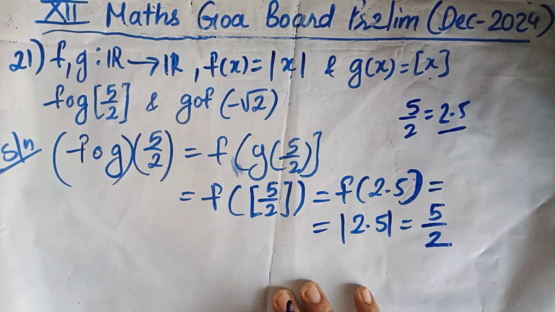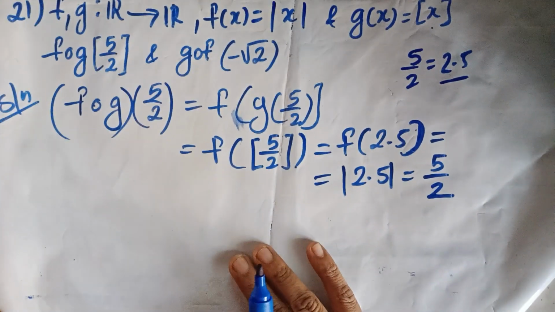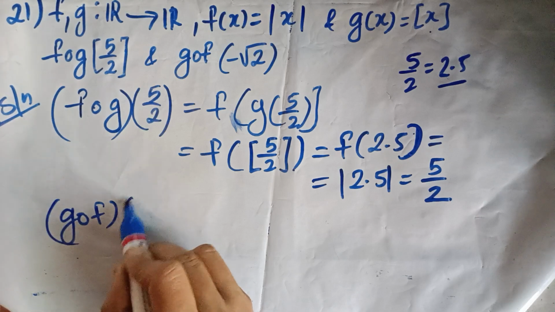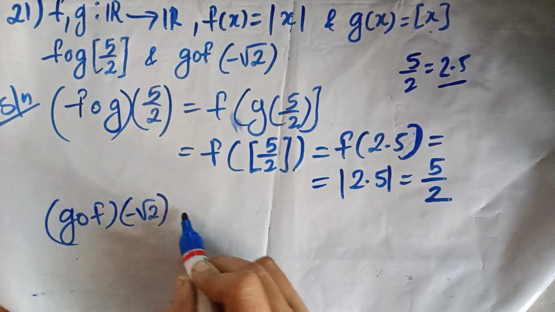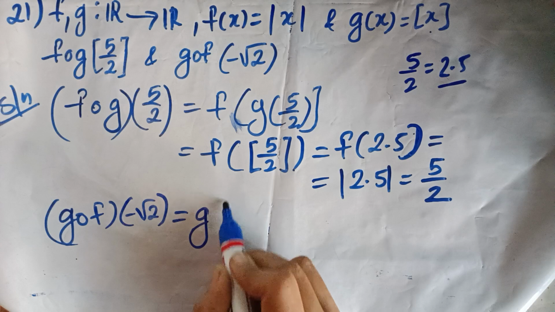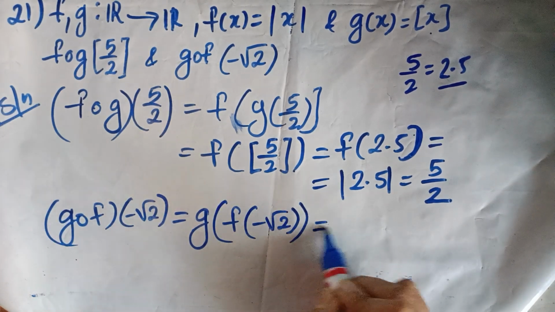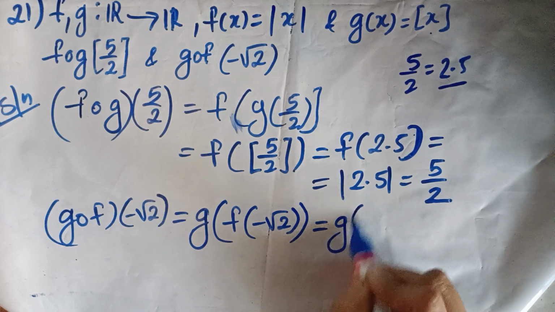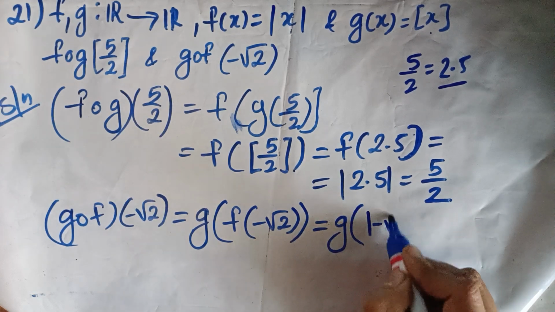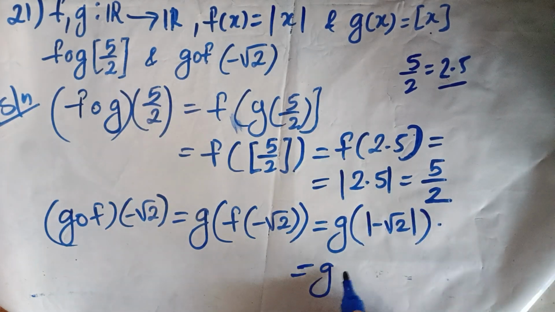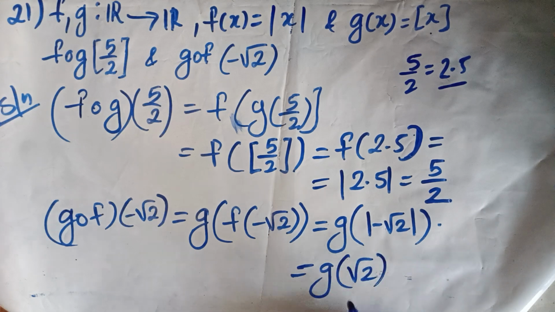What about g composite f? g of f of minus root 2. So this is g of mod of minus root 2, which is g of root 2.